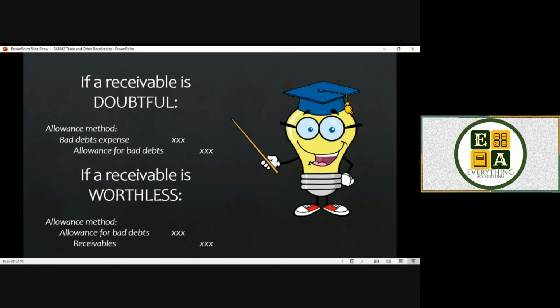Then, if you have asserted already that your customer will not pay, no matter what happened, hindi talaga magbabayad, okay? That allowance, that's the time na i-debit natin yung allowance, then credit their account receivable. Okay? So take note the difference when setting up for allowance due to doubtfulness and removing the allowance because of write-off.